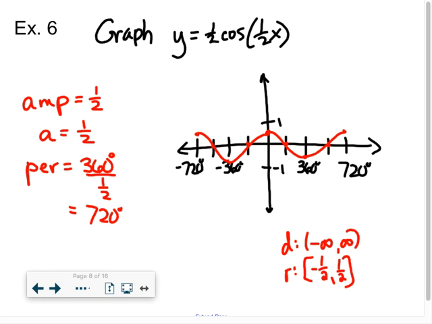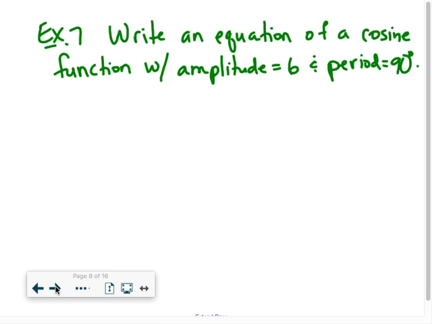Good. All right, we're going to do one last one, and we're just going to write the equation. All right, write the equation of a cosine function with amplitude 6 and period equal to 90 degrees.